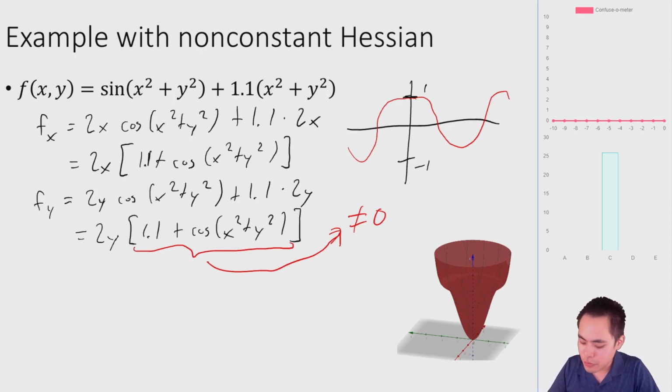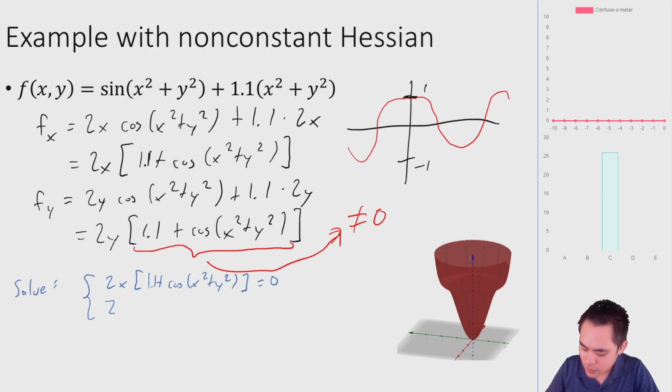And so when we're solving for the critical points, we need to solve the system of equations: 2x times 1.1 plus cosine of x squared plus y squared is equal to 0, and 2y times 1.1 plus cosine of x squared plus y squared is equal to 0. Since this stuff inside the brackets is never equal to 0, you can divide both sides by that.